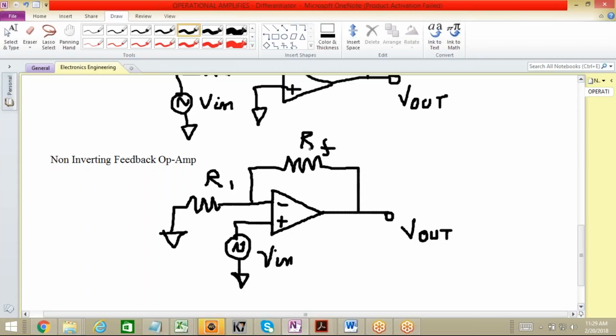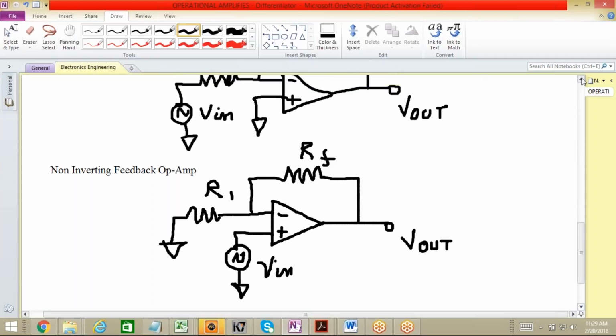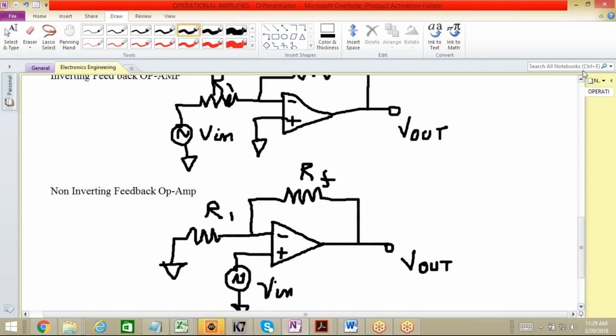So as per this, either we are applying input voltage either at the inverting terminal or non-inverting input terminal. I want all of you to have a look at this. This is inverting feedback op-amp. So we have applied the input source at inverting terminal. This one is a non-inverting, so we have supplied the voltage to non-inverting terminal. Okay.